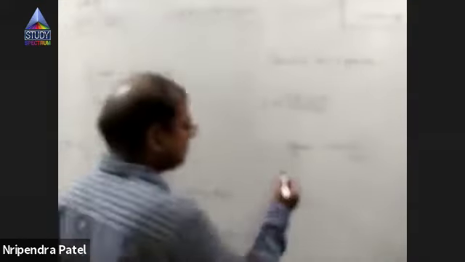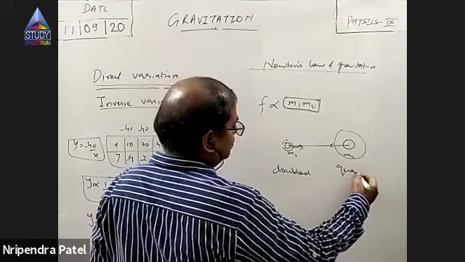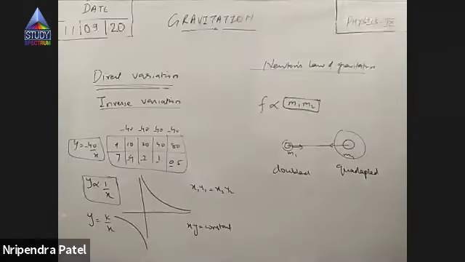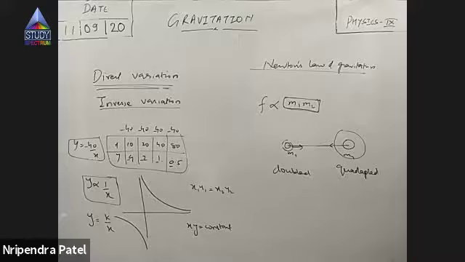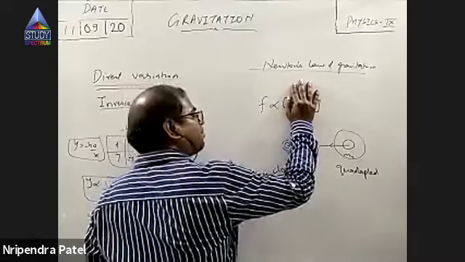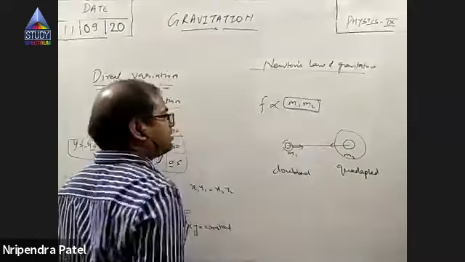M1 is doubled and this is quadrupled. 8 times. Force will increase 8 times because their product has increased 8 times. 4 times 2 is 8. Correct. And F is directly proportional to their product, so if their product increases 8 times, the force will also increase 8 times.